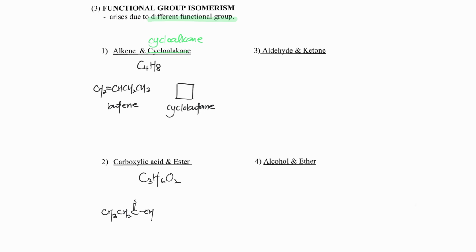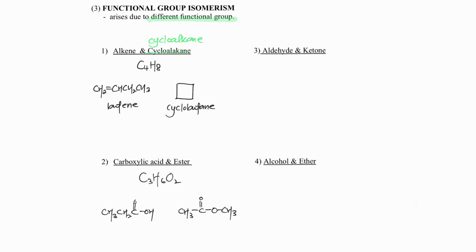So with this molecular formula, we could actually have a structure for an ester. So this is a carboxylic acid and this is an ester. So there are different functional groups but with the same molecular formula. So this is the second example of functional group isomer.